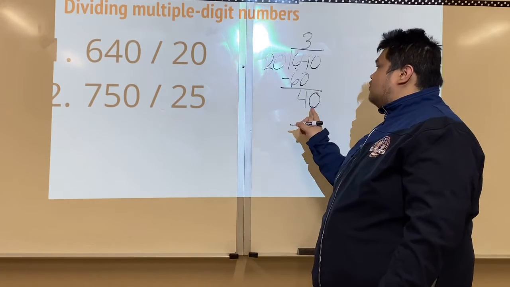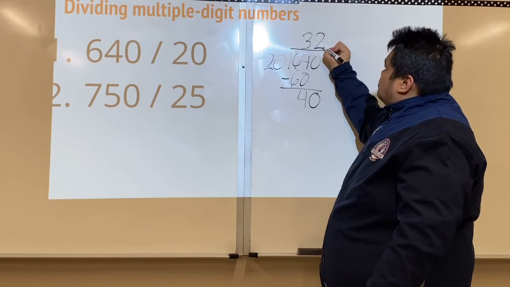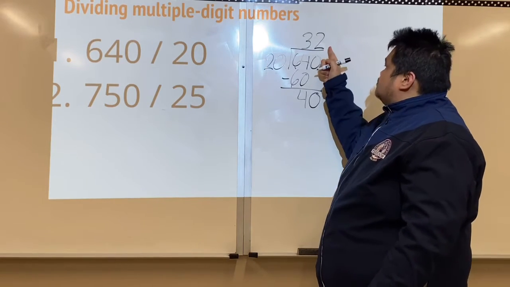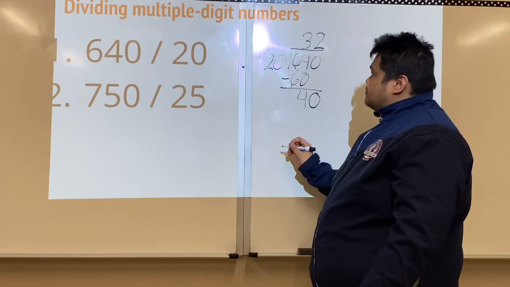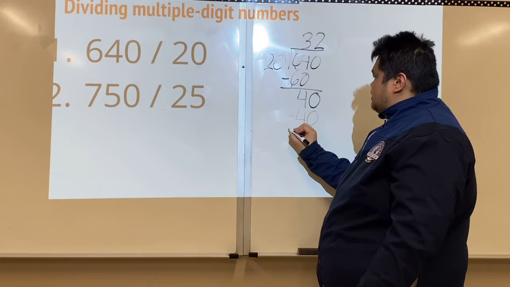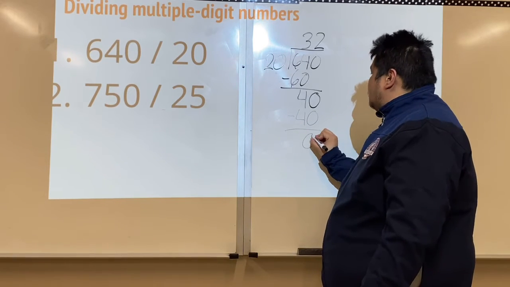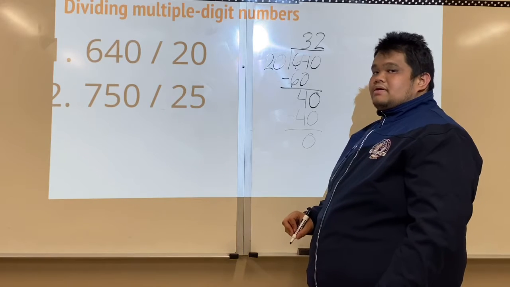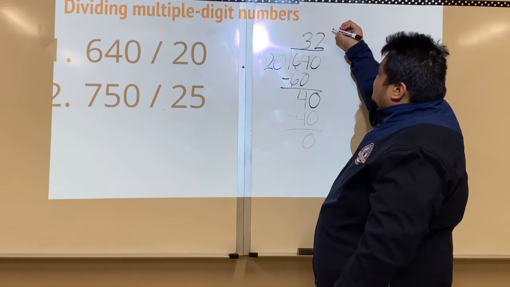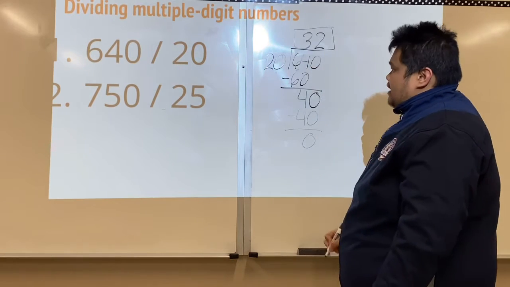Yes. So 40 divided by 20 is 2. Next, 2 times 20, 40. Then we subtract it. 40 minus 40 is 0. So, what is our answer then? Our answer is 32. Okay?